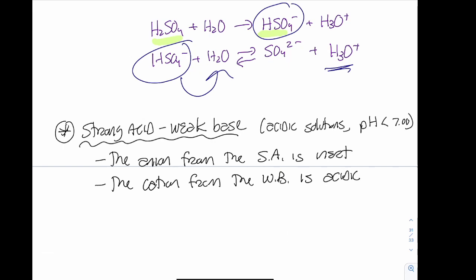Remember, the conjugate acid from a weak base reaction is acidic. It will react with water to produce hydronium ions, increasing the hydronium ion concentration in my solution, making it acidic.